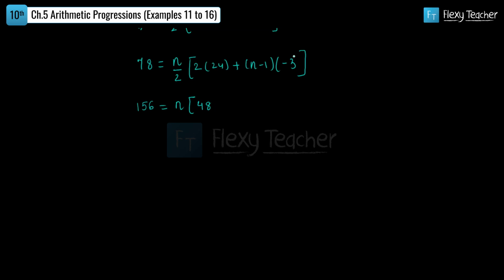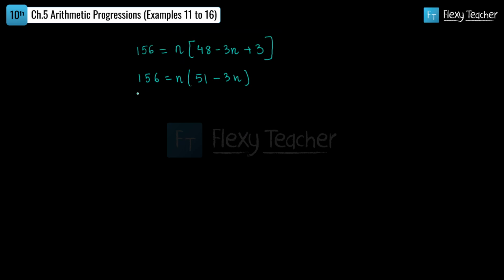Okay, so let us open the brackets here. So minus 3 into n is minus 3n and minus 3 into minus 1 is plus 3 bracket closed. So 156 is equal to n into 48 plus 3 is 51 minus 3n. Okay, so 156 is equal to 51n minus 3n square.